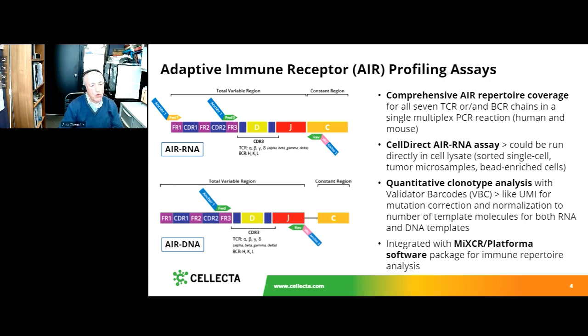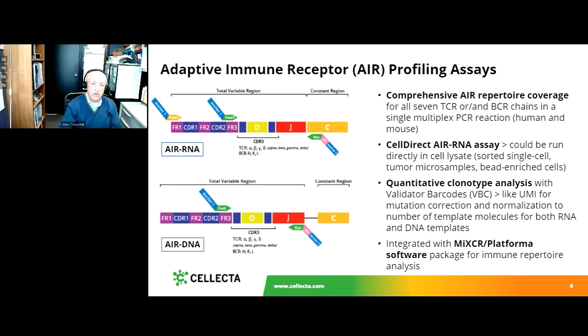DNA gives you a more quantitative measure of the copy number of the T cells or B cells which have a specific CDR3 sequence. You can amplify only CDR3, like shown here on this slide, using a combination of internal primers, or if you use FR1 in combination with a C primer, you can amplify the full-length region, which includes all CDR1, 2, and 3 regions of the immune receptor gene.